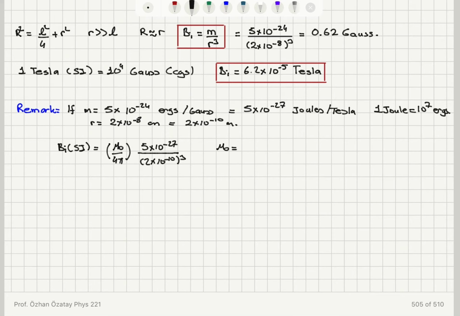So mu 0 is 4 pi 10 to minus 7 Henry per meter. That is the permeability of free space.